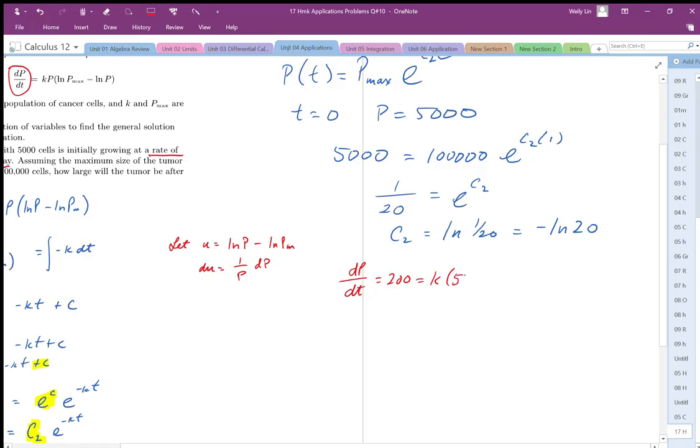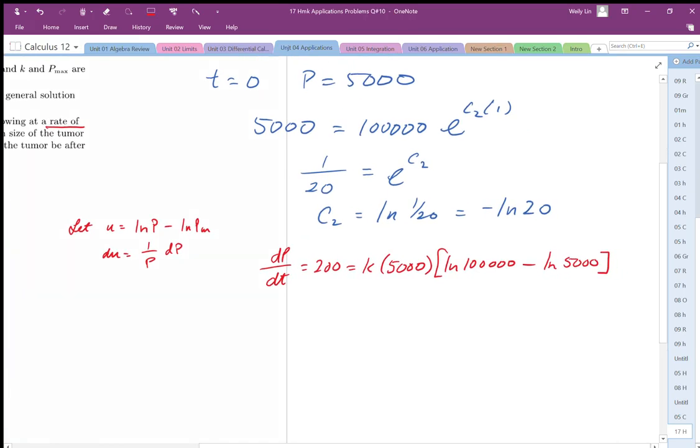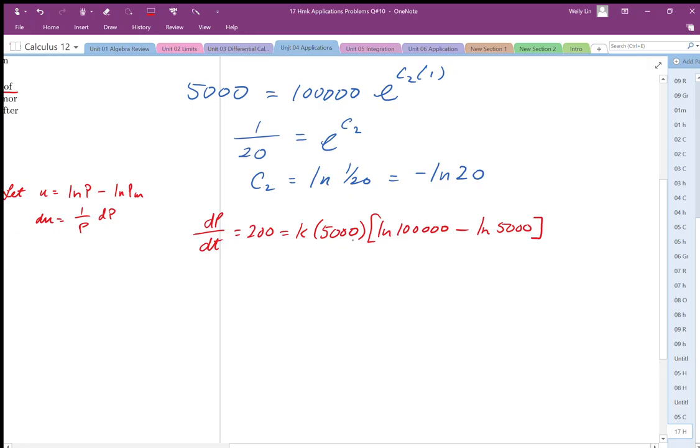The P at the present time is going to be 5,000. The P max was 100,000 minus log P, the P was 5,000 again. Okay, so when I write it like this, I now can have an equation to solve for K. So K is going to be 200 divided by 5,000.